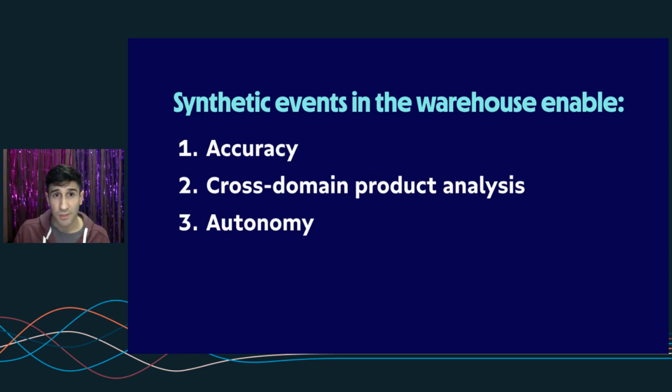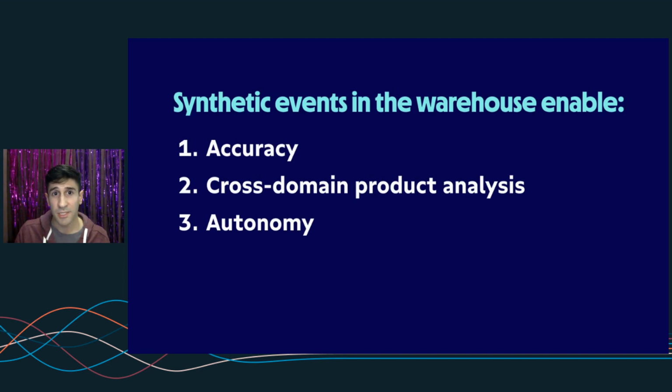Number 2, synthetic events in the data warehouse enable cross-domain product analysis. Many events are tough to access via front-end web tracking. Things like a ticket getting created or a credit card swipe in a subscription system. Exposing these events enables the analysis of complex customer journeys that occur both on and off your application.